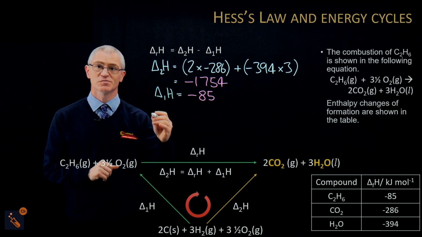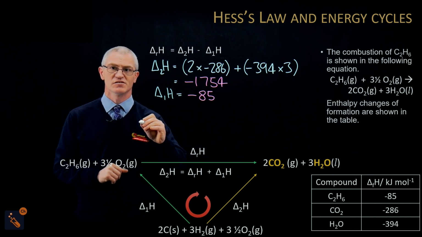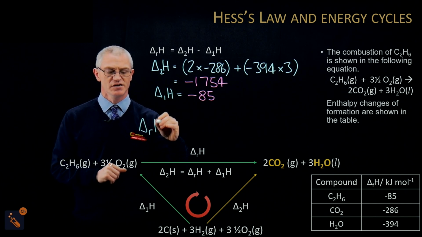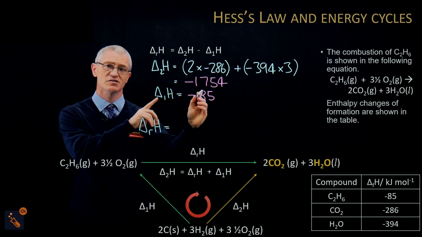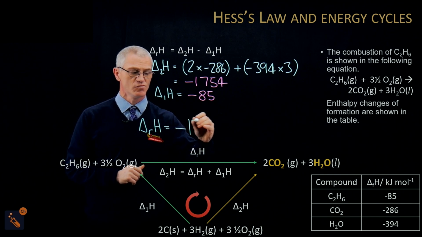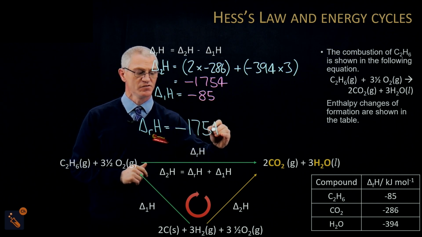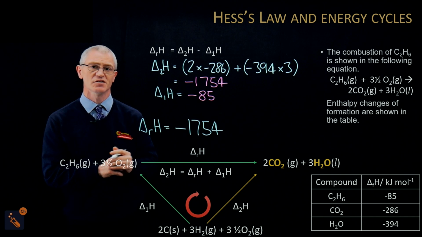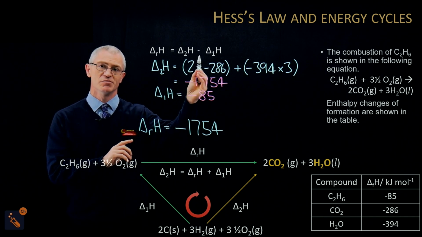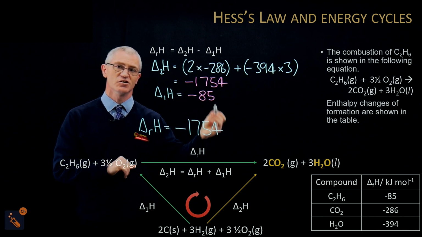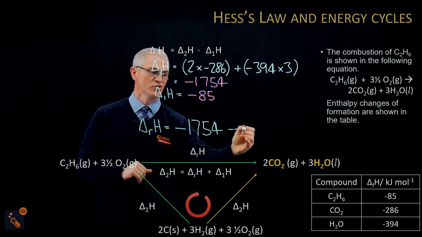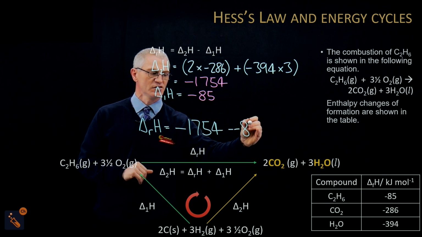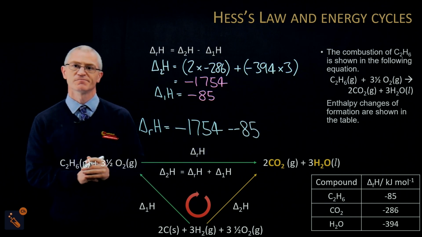So if we put it into that expression, delta RH is going to be equal to, we've got 2 first, so that's minus 1754. Okay, and then it says minus. The delta 1H is minus 85, so that'll be minus, minus 85.